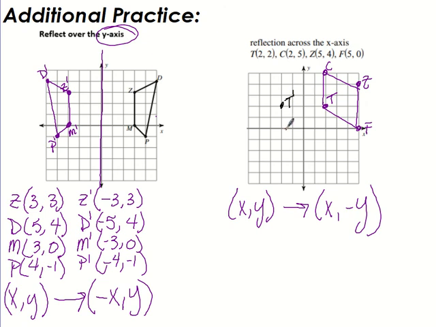And C prime should be at -2, 5. And Z prime should be at -5, 4. And F prime should be at 5, 0, -5, 0. So you can see I can fold it, and they are the same distance apart.